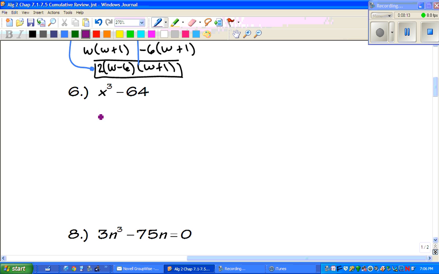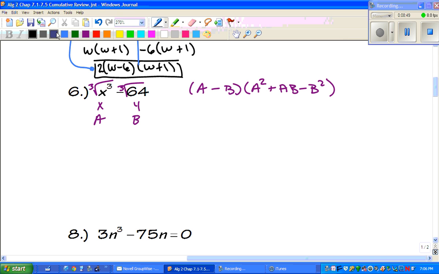Because the pattern is a minus b, a squared plus ab plus b squared. So that's our pattern. But to figure out what those are, we have to take the cube root of both of those. So the cube root of x cubed is x, and the cube root of 64 is 4.